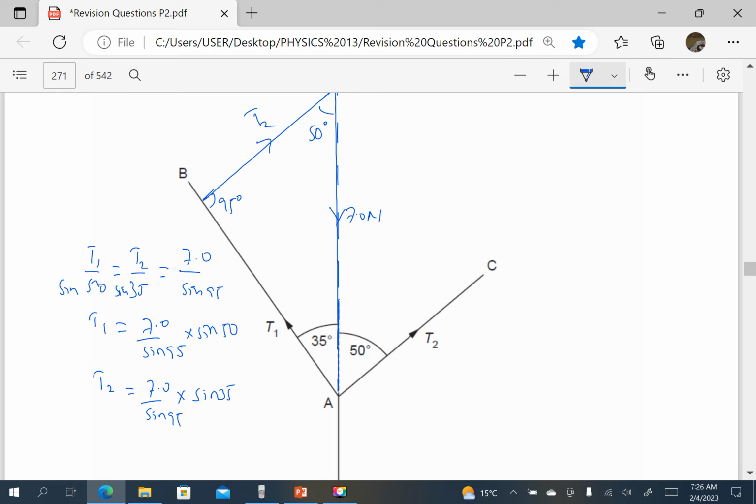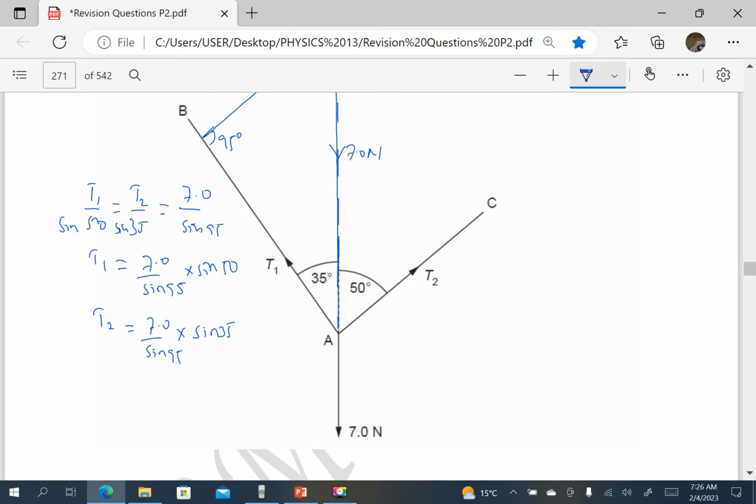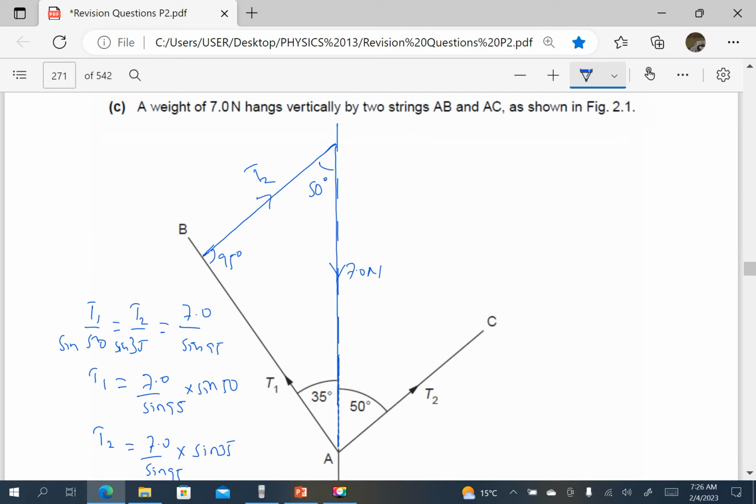If they are not to scale, I'm going to draw a different diagram. Surprisingly, the angles are to scale. So I've seen 35 is to scale. Let me check 50. 50 is also to scale. So we are going to just use the diagram as it is. So let's use the diagram as it is to draw this to scale.